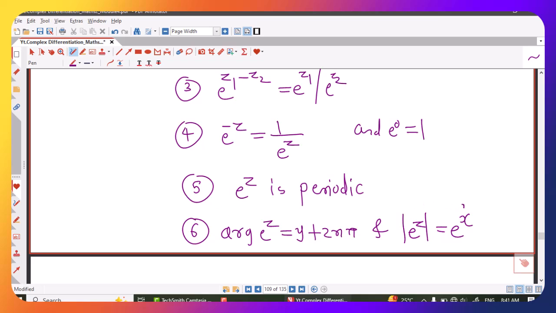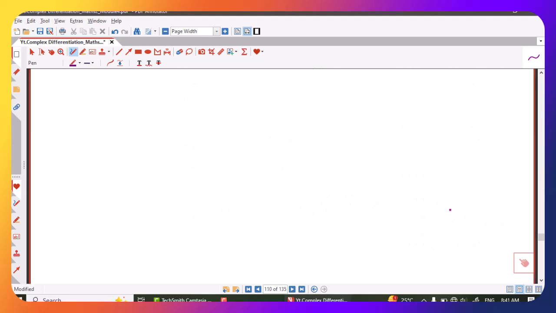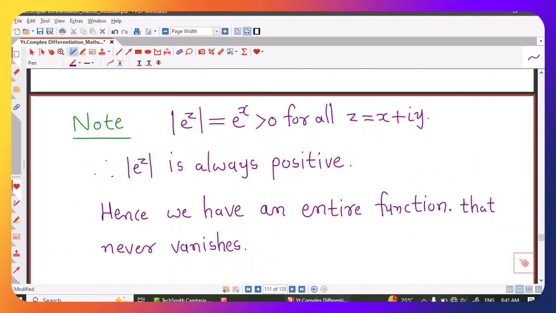And we know that e raised to x is always non-zero and positive, so the absolute value of e raised to z is never 0. So we have an entire function that has non-zero absolute value for all z. So we can write that remark also, that the absolute value of e raised to z is always greater than 0 for all z.